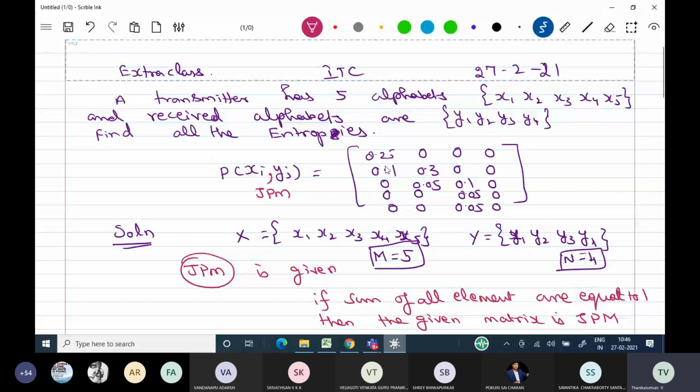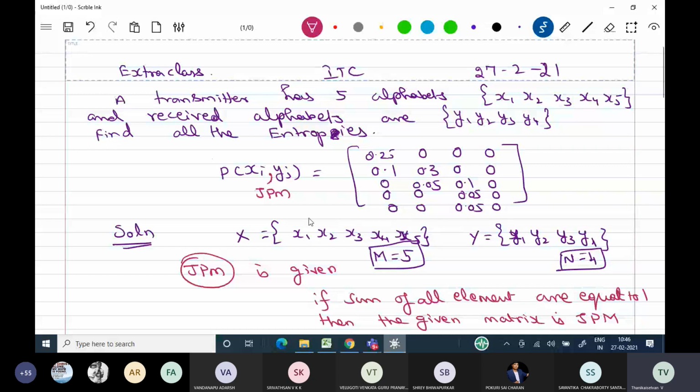There are 3 properties: the sum of all the elements is equal to 1; the sum of all the elements in a row results in probability of xi.